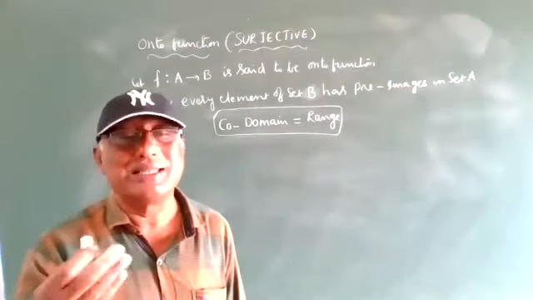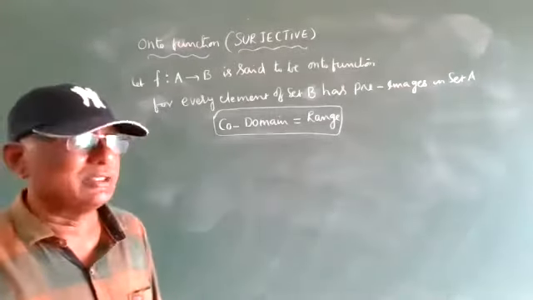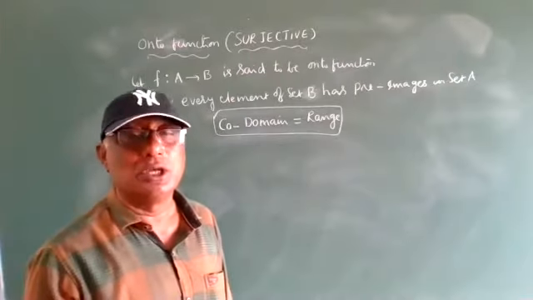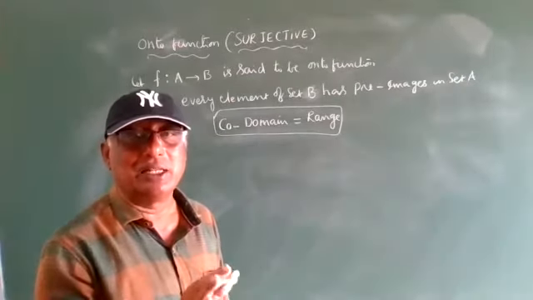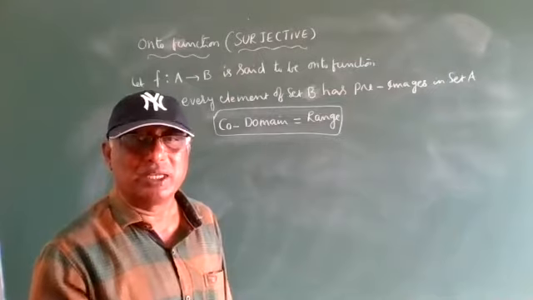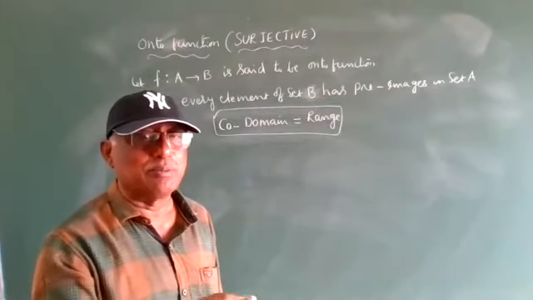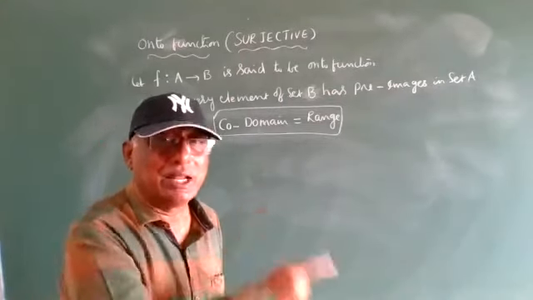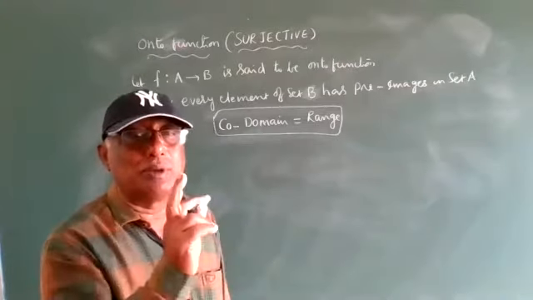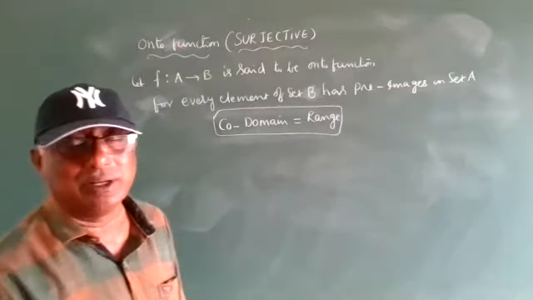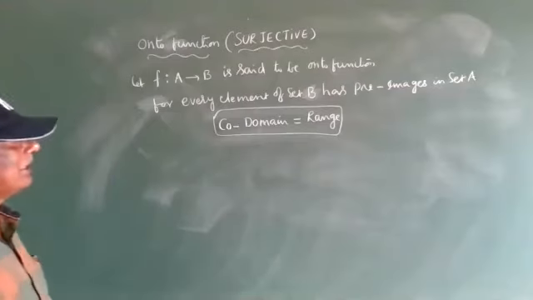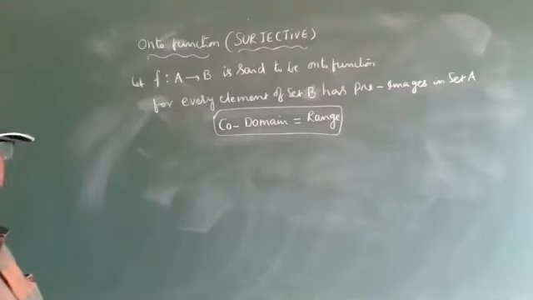How it is, we can discuss in problems only. Exercise problems are very nice to work out. I will tell the objective problems, you can finish them. After that we can do the exercise problems, and we should practice the objective problems. We get an idea about that. Okay? Right? Everyone see. So codomain is equal to range.